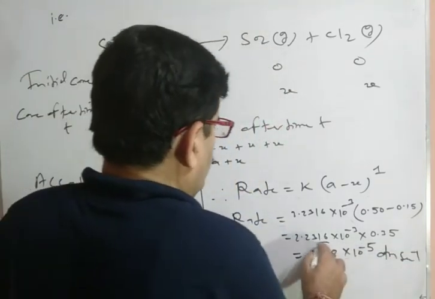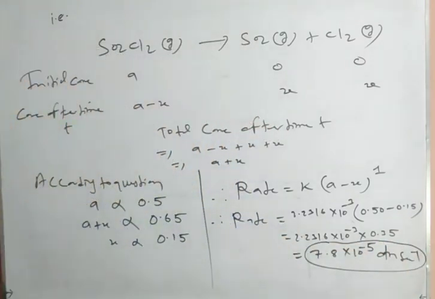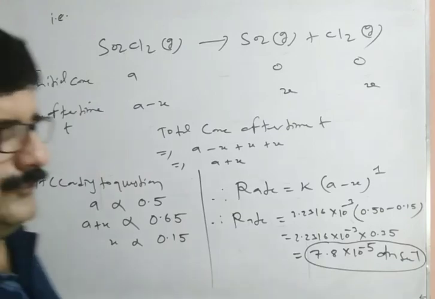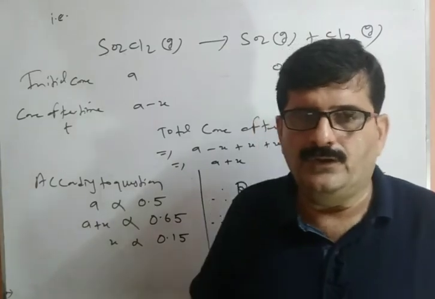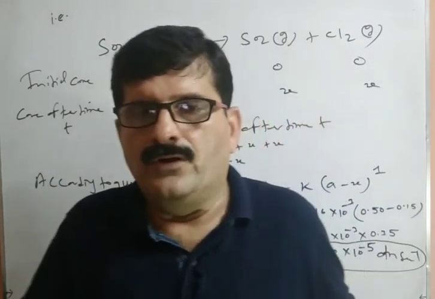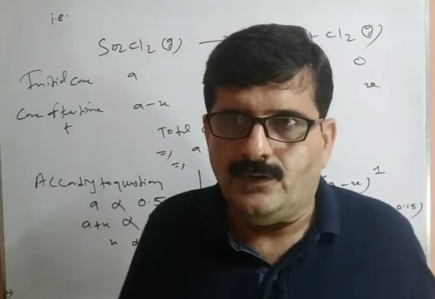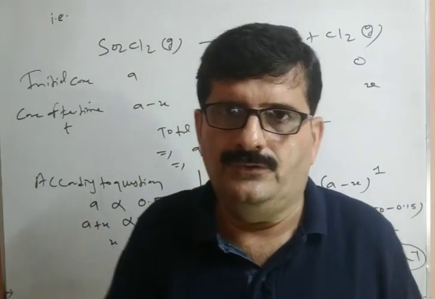So this is the numerical value for the rate when total pressure is equal to 0.65 atm. Okay. So in the next lecture, we will learn the Arrhenius equation and collision theory. Thank you.